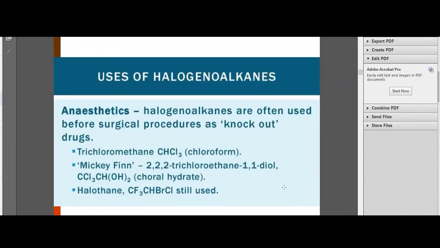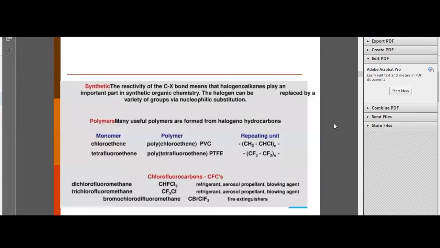So now you understand that the compounds or drugs used for this purpose are made from halogenoalkane. Okay, halogenoalkane, not alcohol, not carboxylic acid, but halogenoalkane.